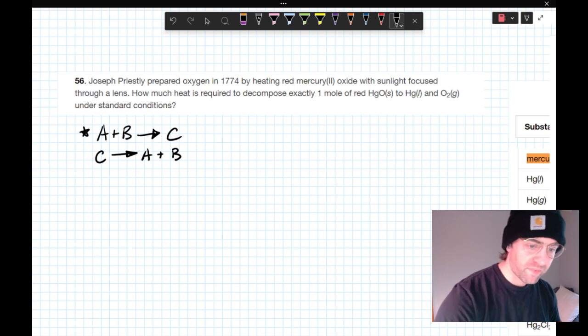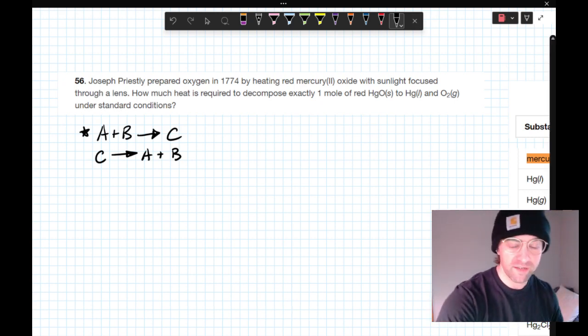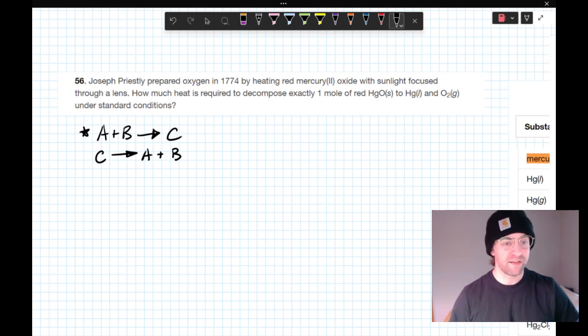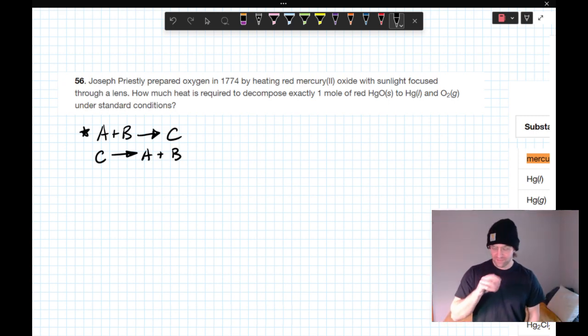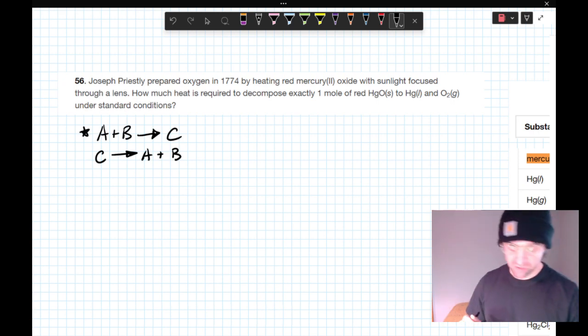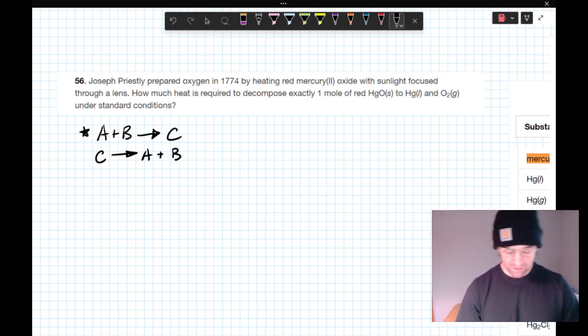Joseph Priestley prepared oxygen in 1774 by heating red mercury(II) oxide with sunlight focused through a lens. How much heat is required to decompose exactly 1 mole of red mercury oxide solid to mercury liquid and gaseous oxygen under standard conditions? I've drawn a little formula up here, and understanding this principle is important for solving this problem.